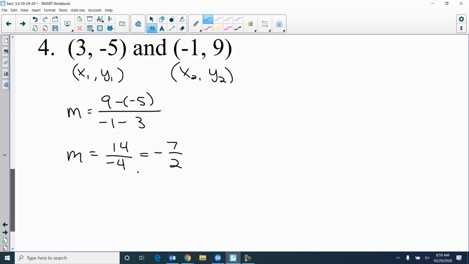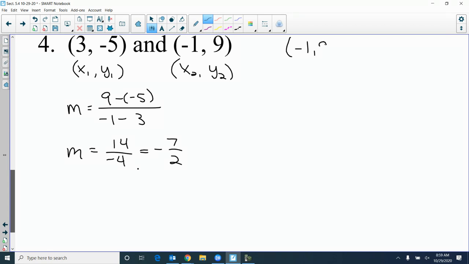All right, now on your paper though, it looks a little different, right? You said the -1 is first, right? If this happens, it doesn't really matter, you gotta get the same answer.